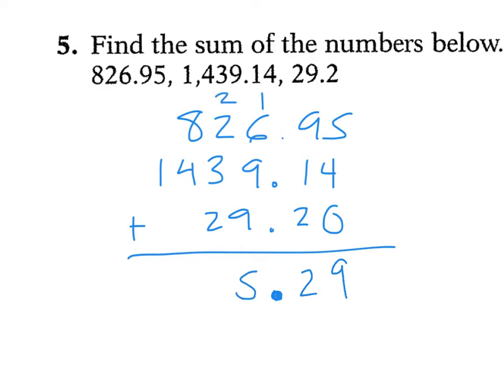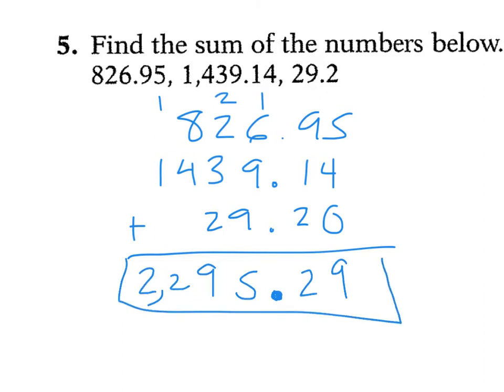Now we have 2 plus 3 plus 2 plus 2, which would be 9. And then 8 plus 4 is 12, and 1 plus 1 is 2. So our final answer is 2,295.29.